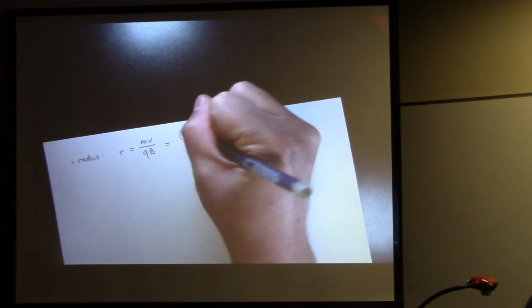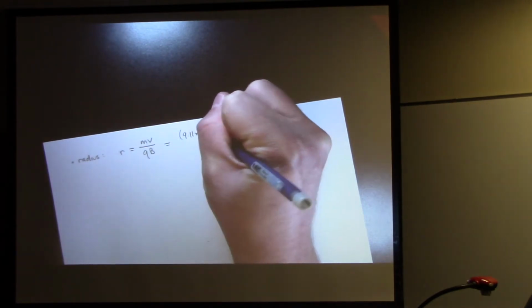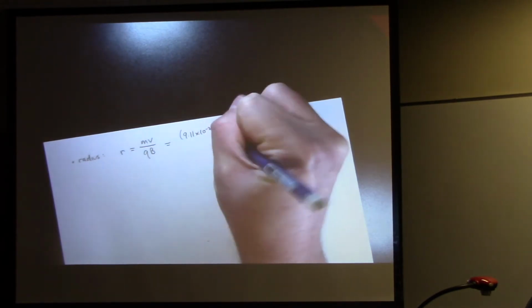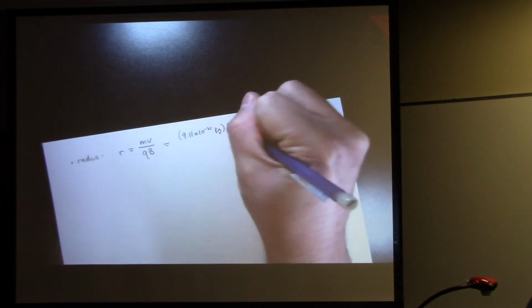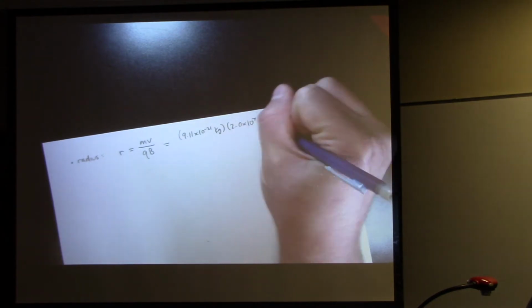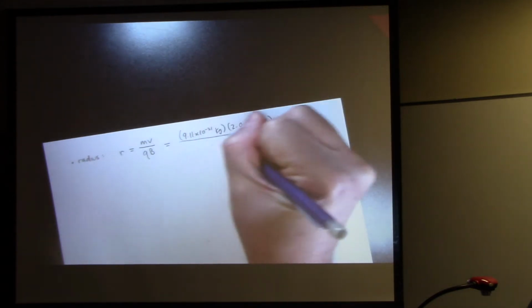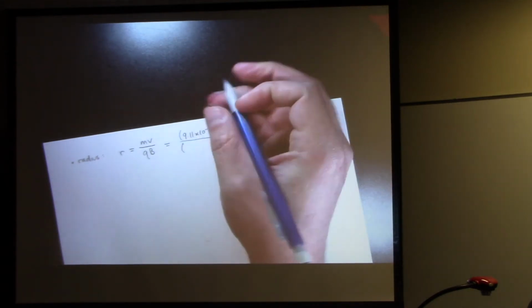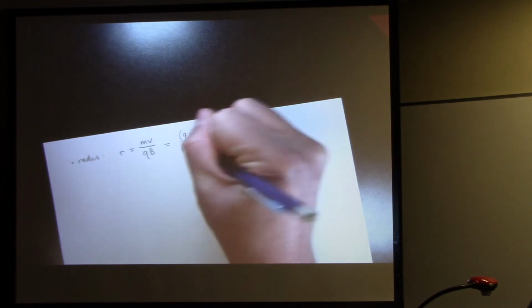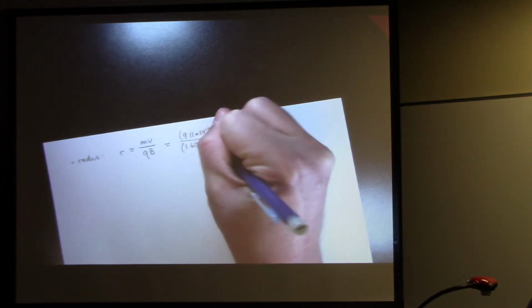Mass, 9.11 times 10 to the minus 31 kilograms. Speed, 2.0 times 10 to the 7 meters per second. Divided by the charge, 1.60 times 10 to the minus 19 coulombs.